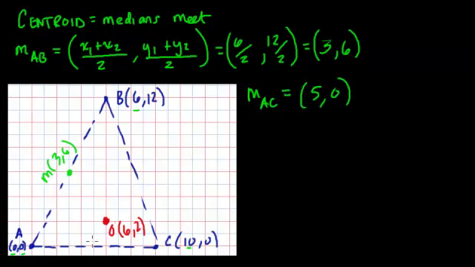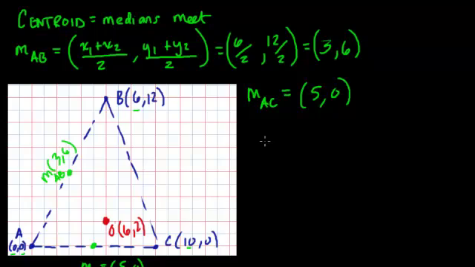So 1, 2, 3, 4, 5. Now we're getting somewhere. And that's our second midpoint. I'm sorry, call it M of AC. We'll be consistent here. That's what we called it before. M of AC equals (5, 0). And this is M of AB.